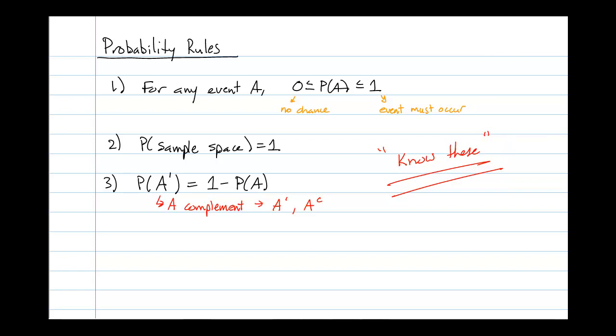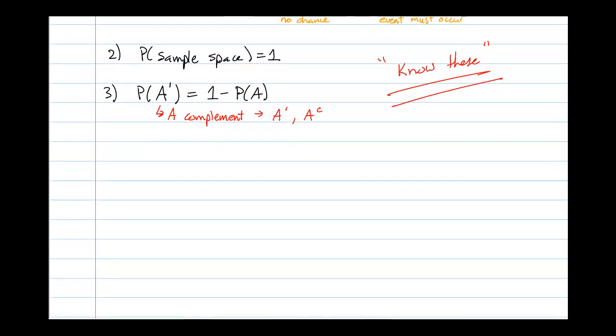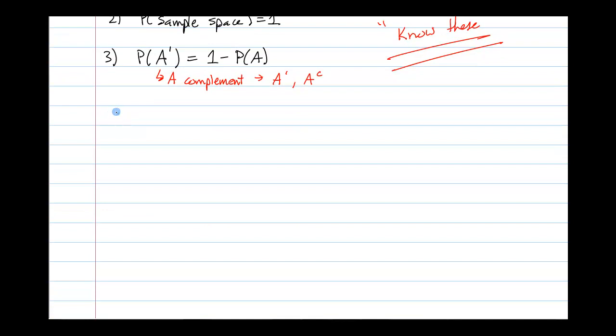Now, also going along with the probability rules, we have to talk about some different types of events. So we've talked about how events can occur, you know, when we roll a die, 1, 2, 3, 4, 5, 6, etc. But we also need to talk about how we combine events. And so now we're talking about multiple events. The first thing I want to talk about are disjoint events.